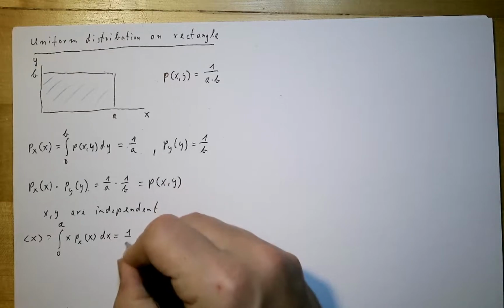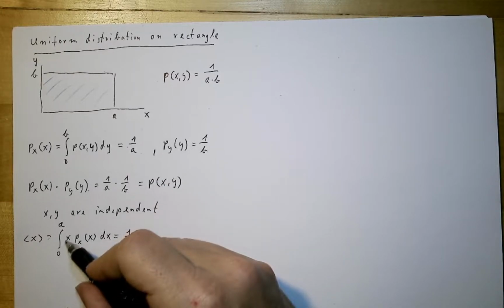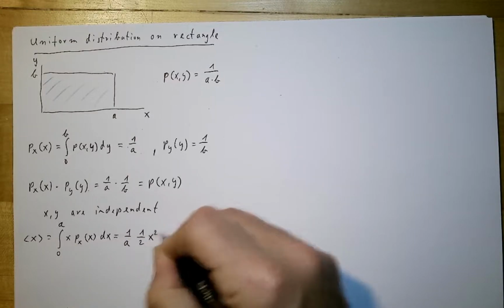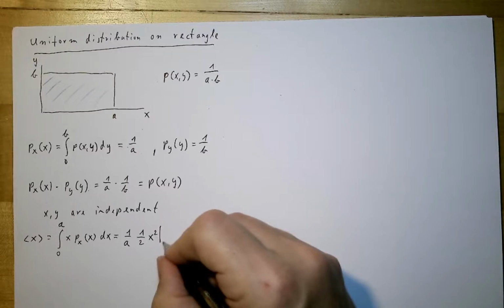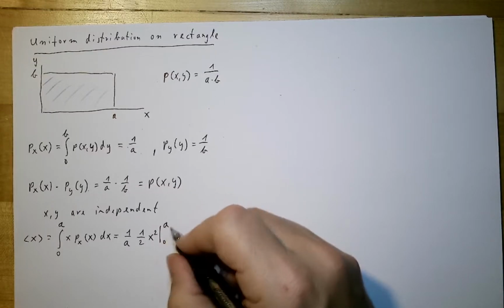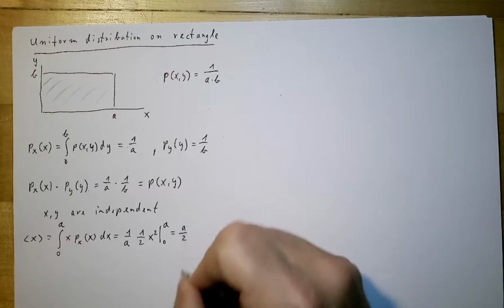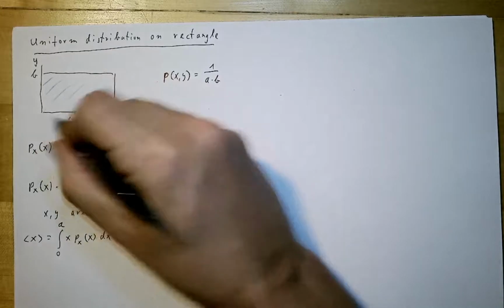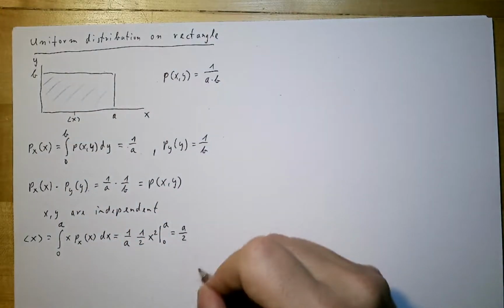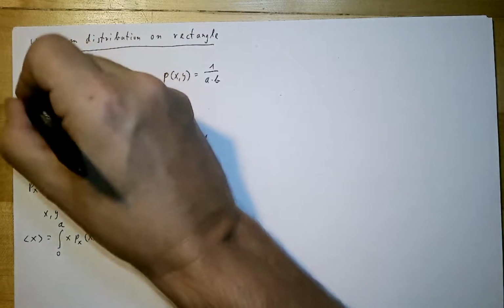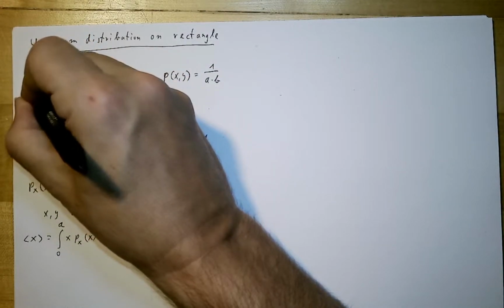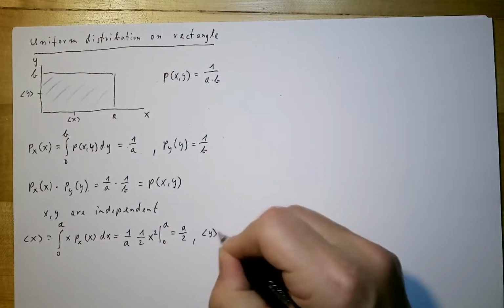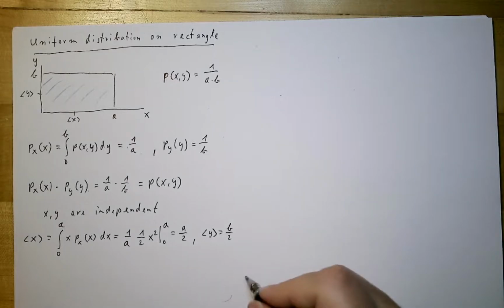Now we have the integral over x, which gives 1 over 2 x squared, with borders between 0 and a. And this is a over 2. So we see that's the expectation value of x, as it should be for a uniform distribution. In the same way, the expectation value of y is b over 2.